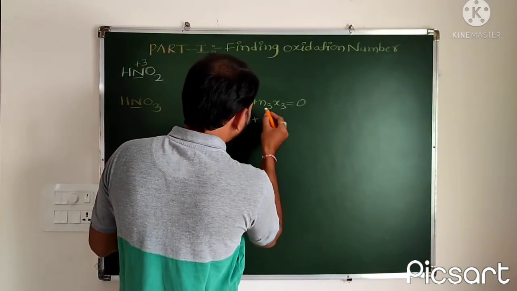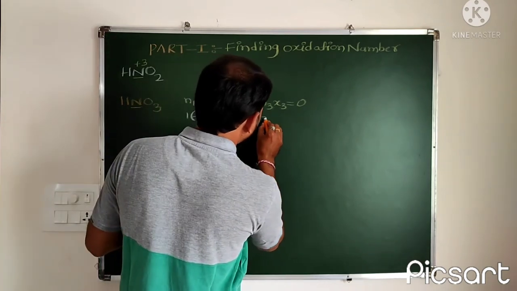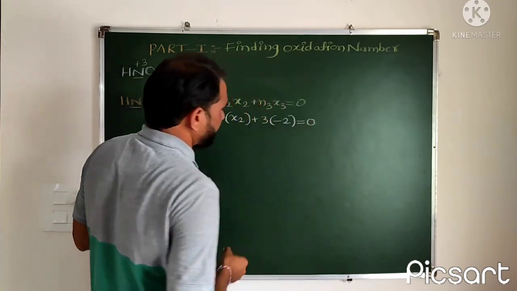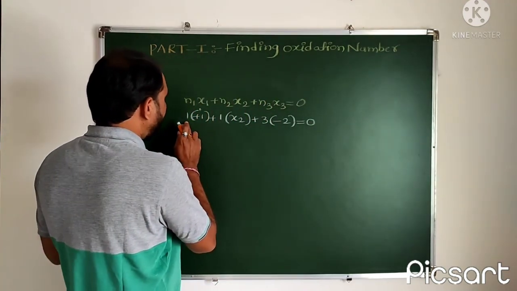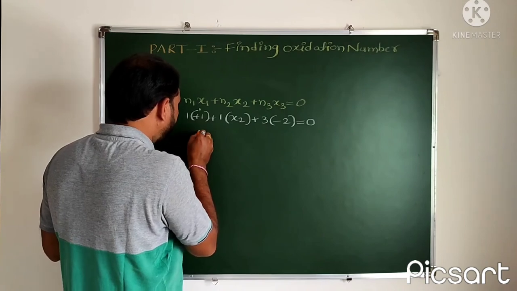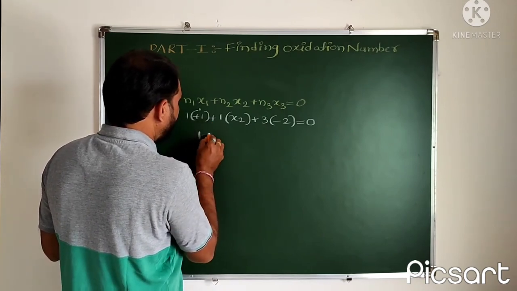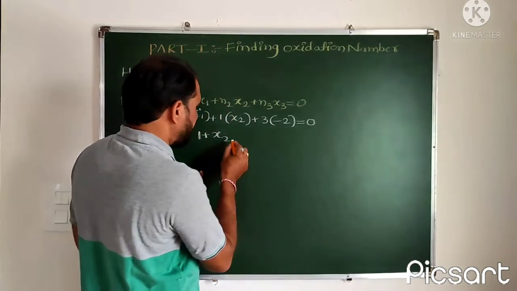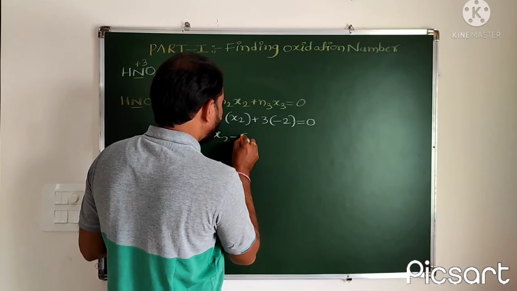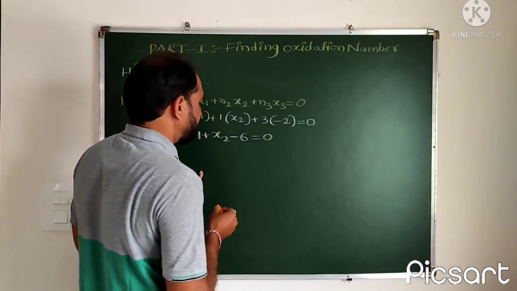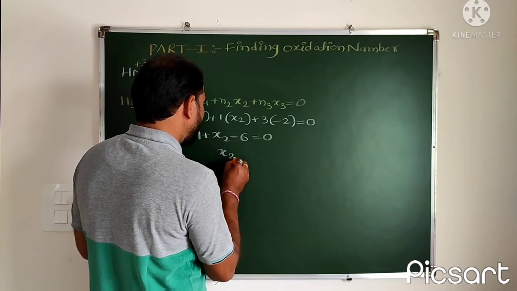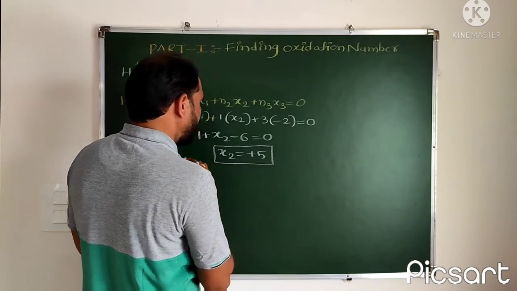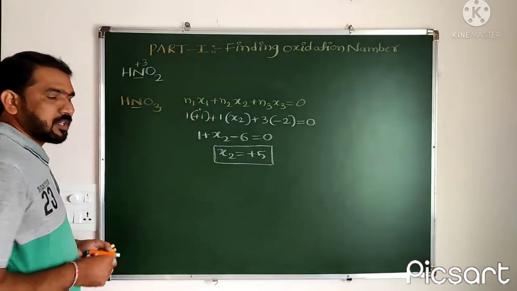Then N3, number of oxygens 3, into general oxidation number of oxygen minus 2, that equals 0. So 1 into 1 plus 1 into X2 minus 3 into 2, 6, that is equal to 0. After that X2 is equal to plus 5. Like this we get plus 5 oxidation number of nitrogen.